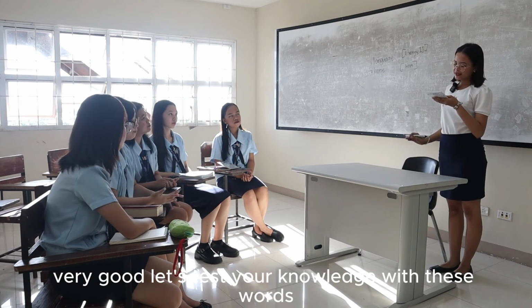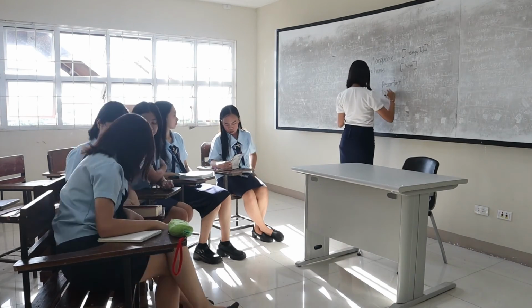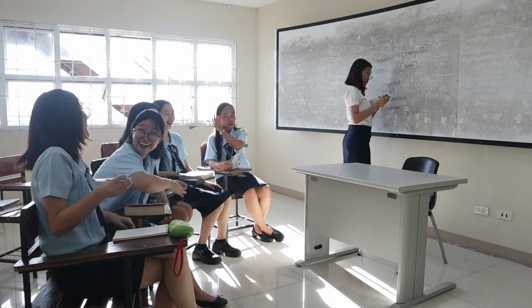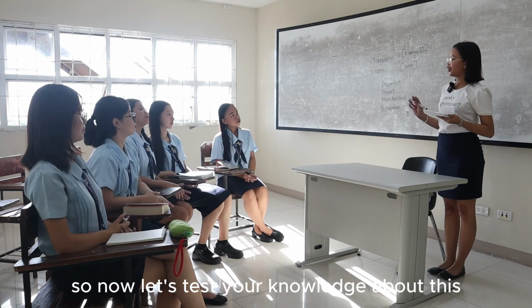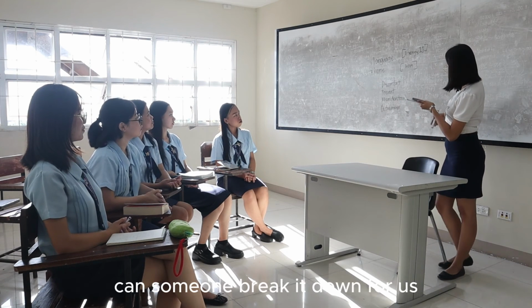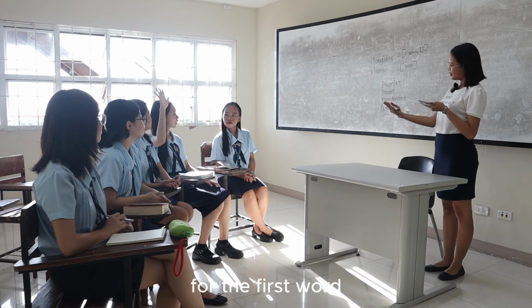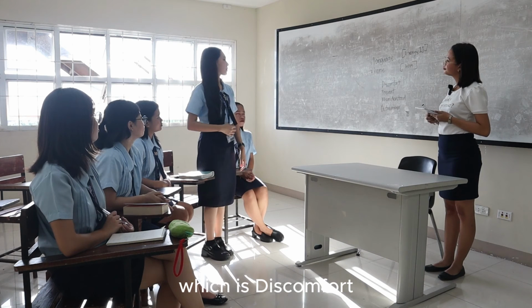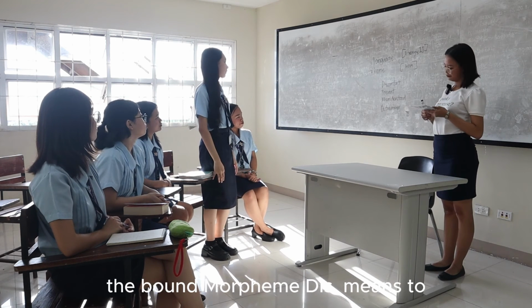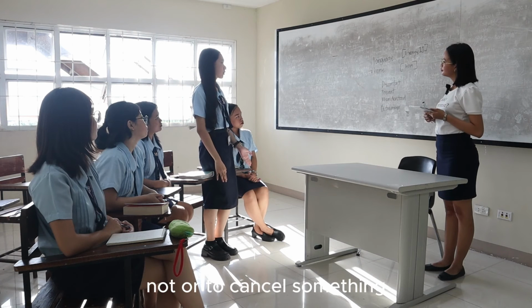Very good. Let's test your knowledge with these words. So now let's test your knowledge about this. Can someone break it down for us? Yes? For the first word, which is discomfort, the bound morpheme dis means not or to cancel something.